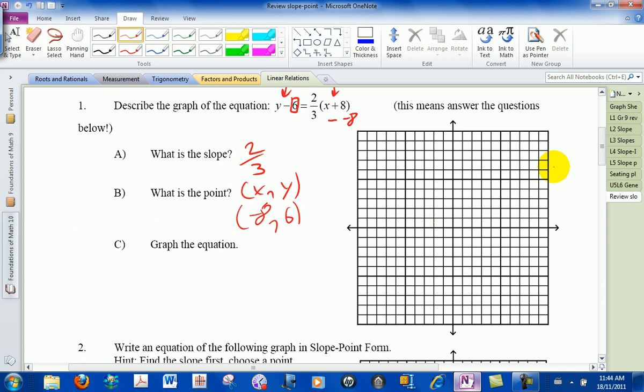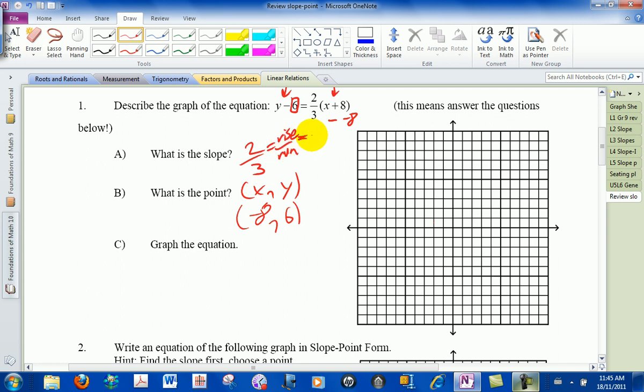Graph the equation now. Go for it. Plot the point. Use your slope. Make sure you know whether you go up or down or right or left. So just to refresh your memory, it's rise over run.